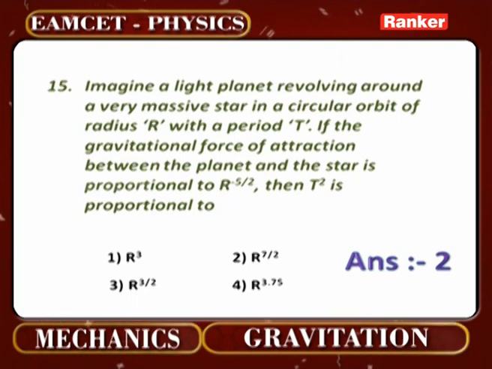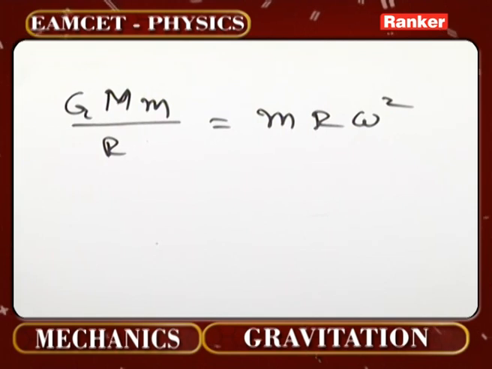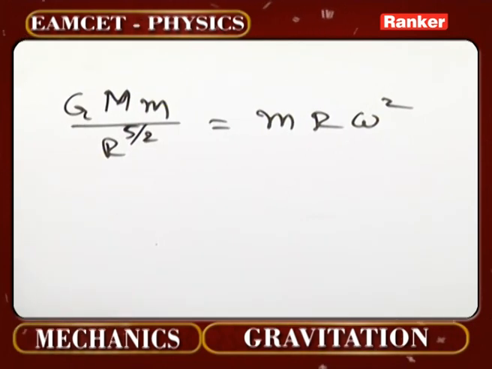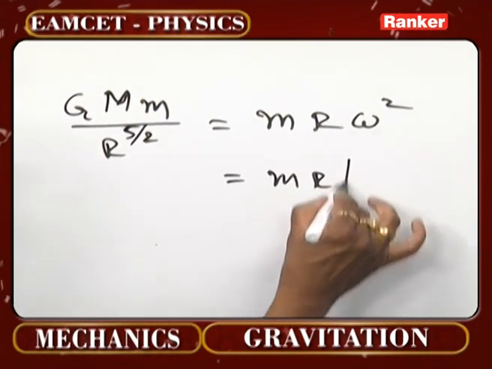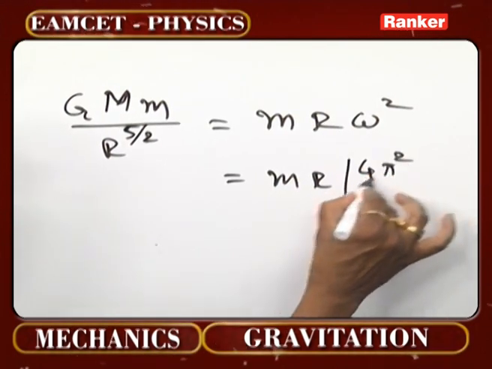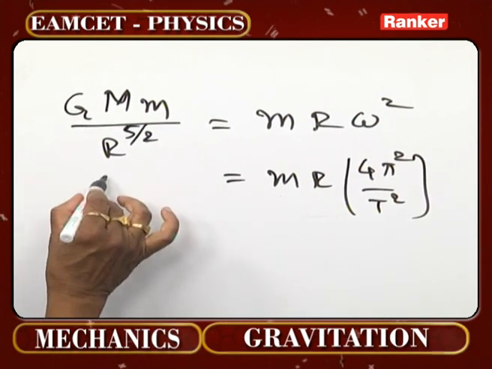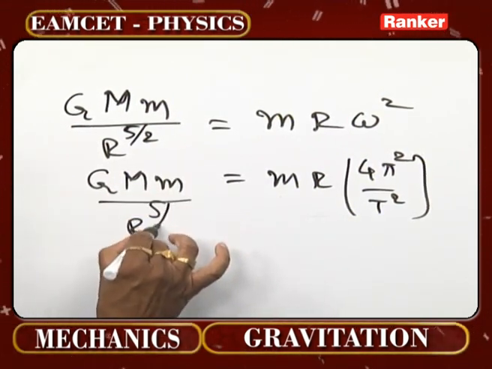Instead of r square, it has been given r to the power minus 5 by 2. Minus 5 by 2 means 1 by r power 5 by 2 here. But in place of omega square, what can I write? m r into 4 pi square by T square I can write here. Now, if you write that, G M m by r to the power 5 by 2.